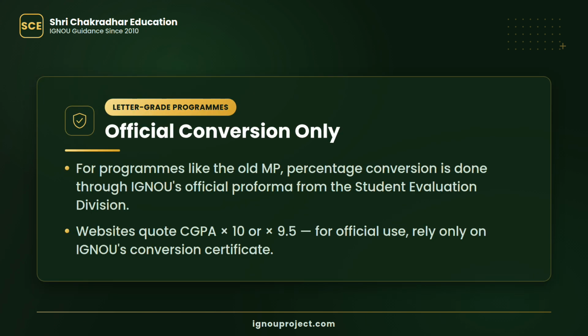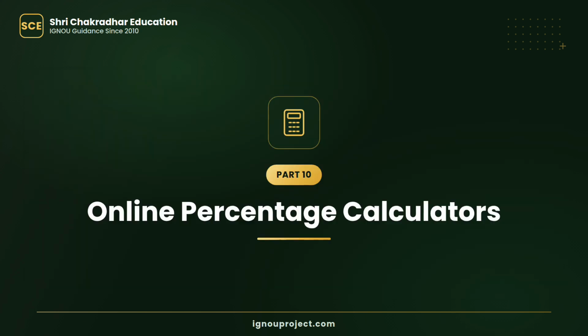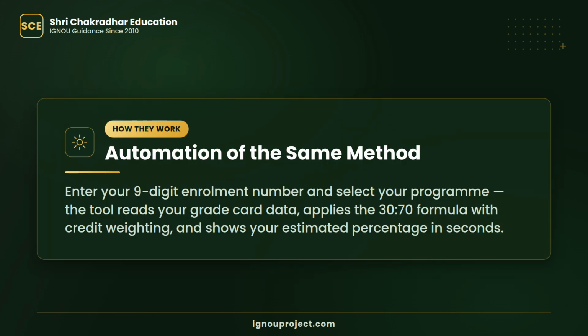For letter grade programs such as the old management program, percentage conversion is done through IGNOU's official conversion proforma issued by the Student Evaluation Division. Third-party sites quote quick formulas like CGPA into 10, but for any official use, rely only on the conversion certificate issued by IGNOU.